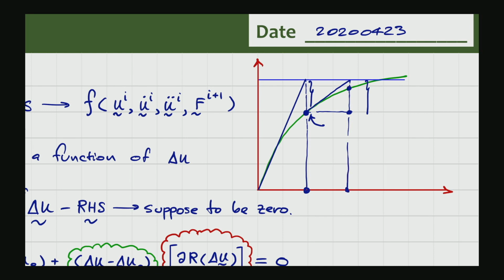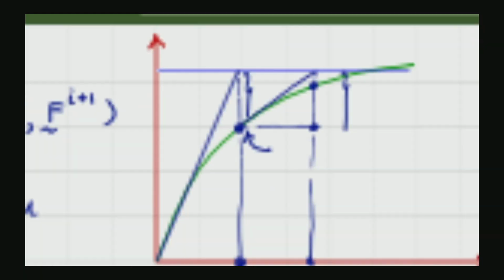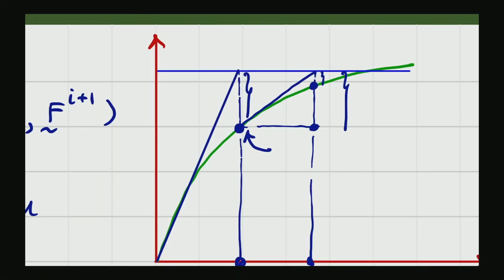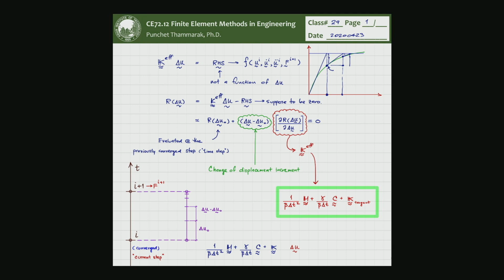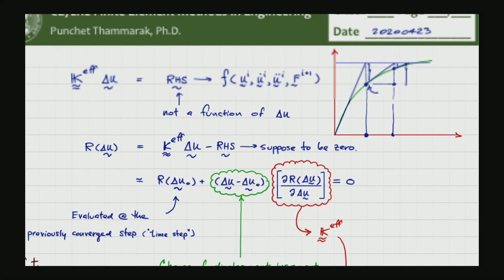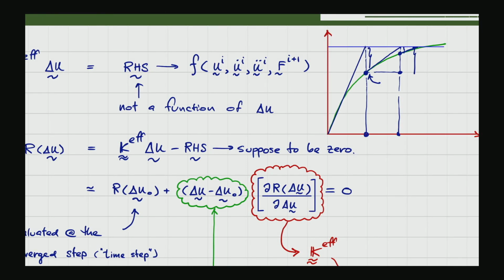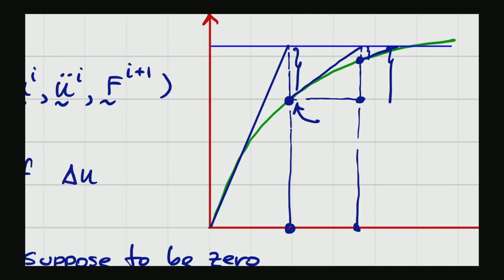You re-evaluate the force, it turns out to be still lower than the target force, so you project again. So it just works like this repeatedly, and this is a concept we had for the Newton-Raphson. So the R evaluated at delta U naught is this one.